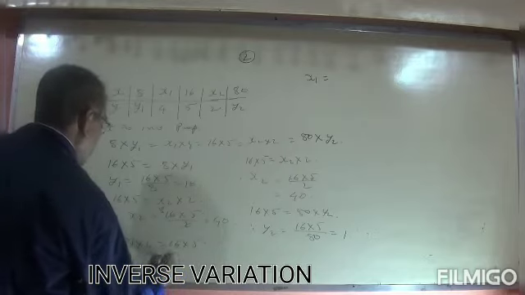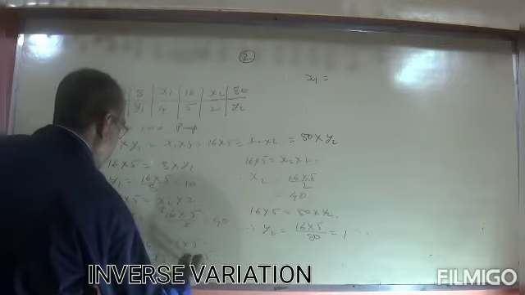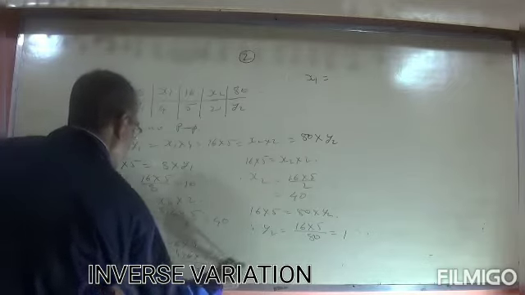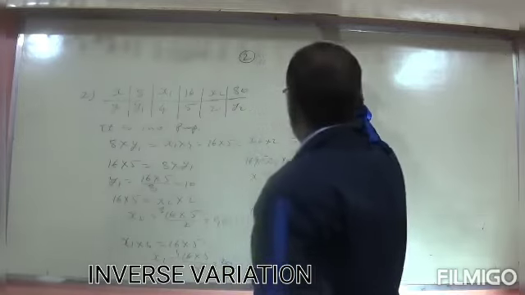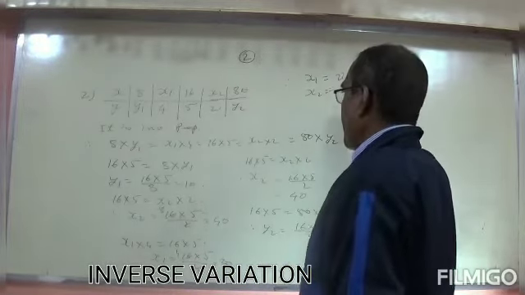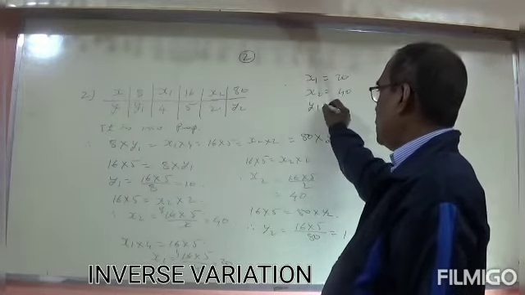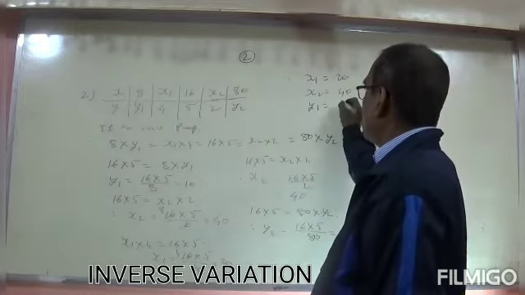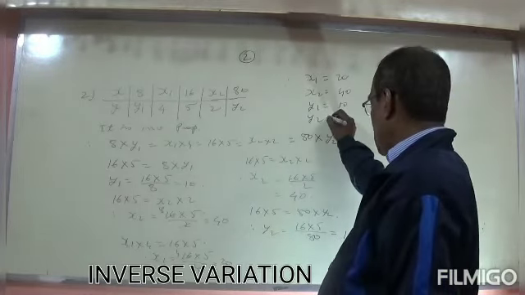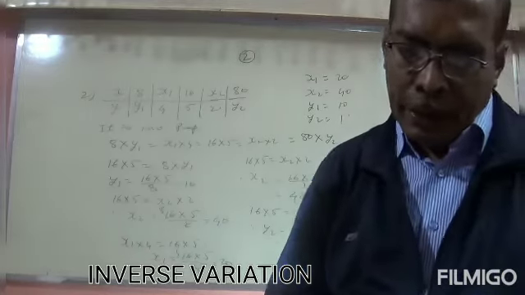So x1 will be equal to 16 into 5 by 4. 4 4s are 16, 4 5s are 20. So x1 is 20, x2 is 40, then y1 you have got as 10, and y2 is 1. Okay, beta?